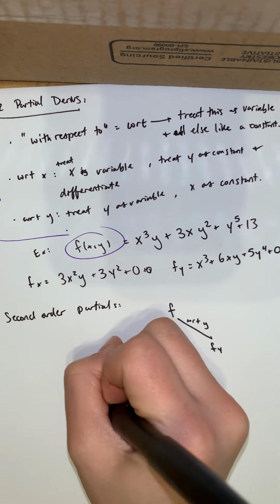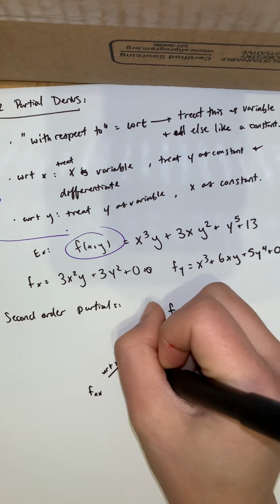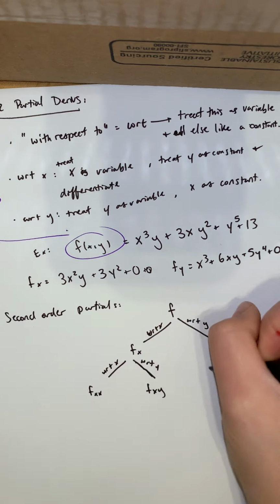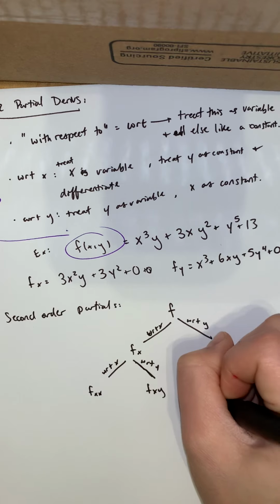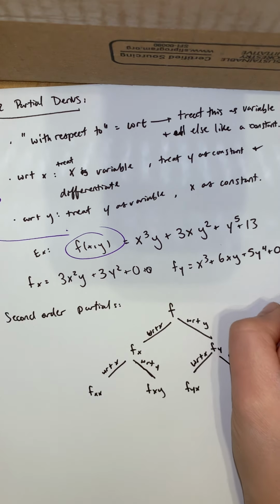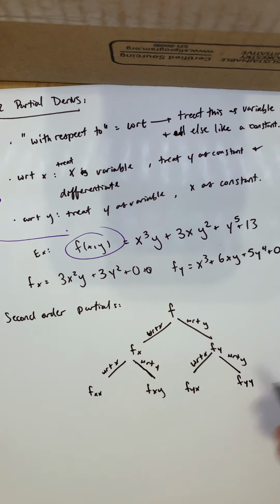And then down here I got f sub xx, again with respect to x. I got f sub xy, f sub yx, and f sub yy. So these were all of my second order partial derivatives.